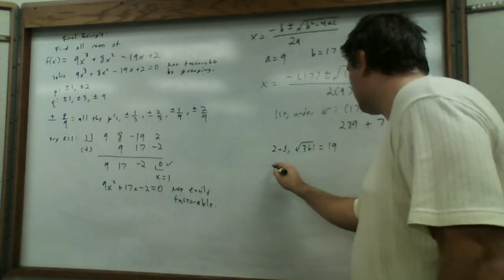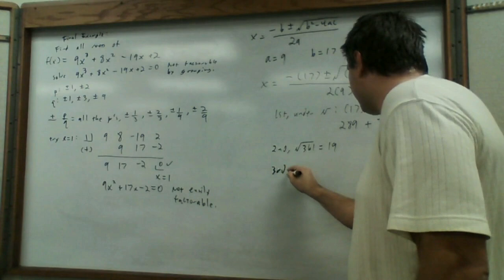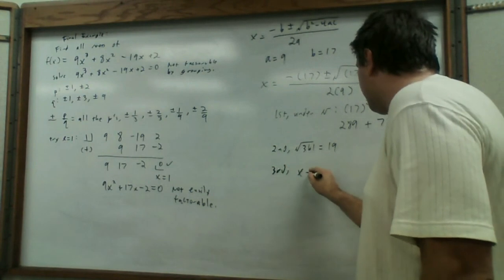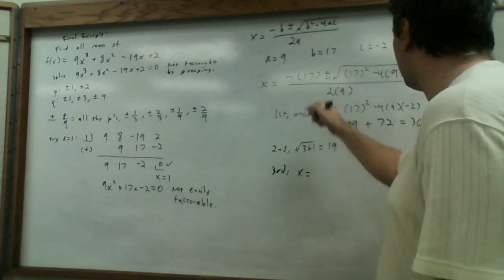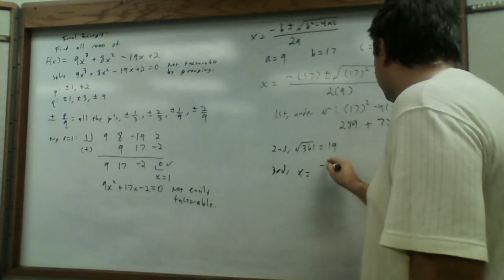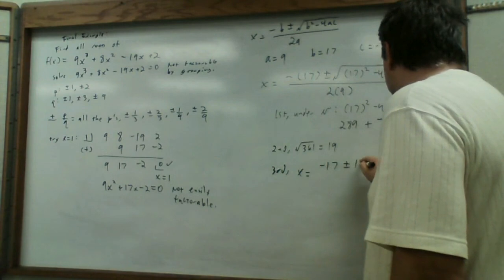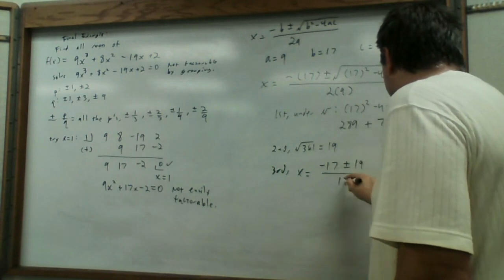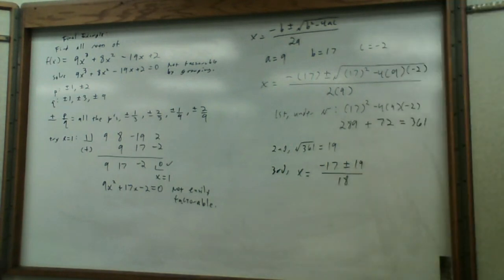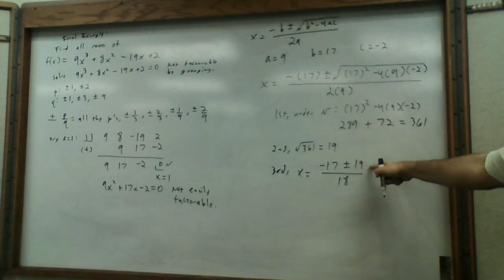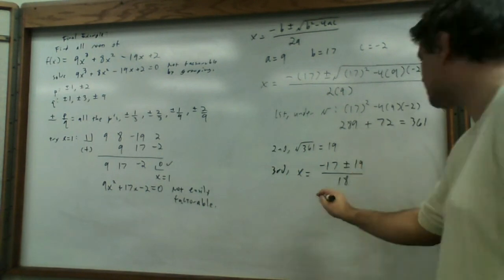So x equals negative 17 plus or minus 19 over 18. There's no i, there's no radical. These can be added and subtracted because they're like terms.